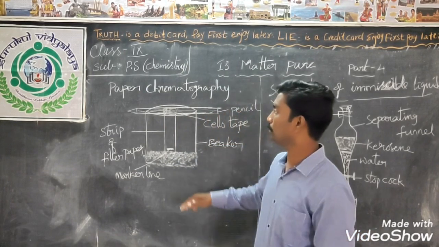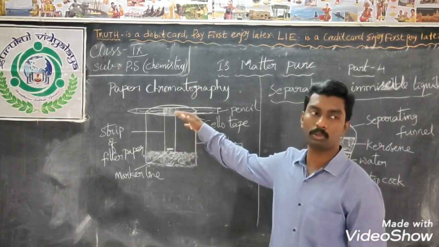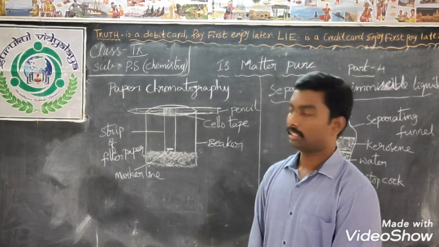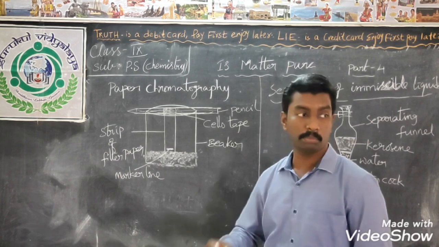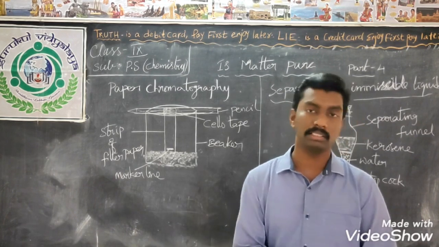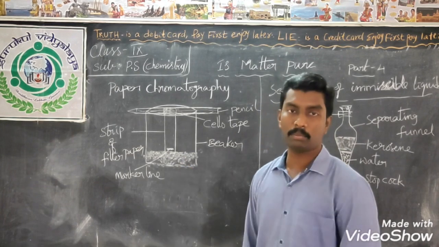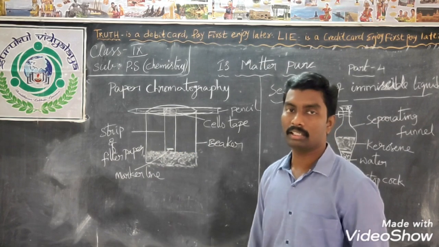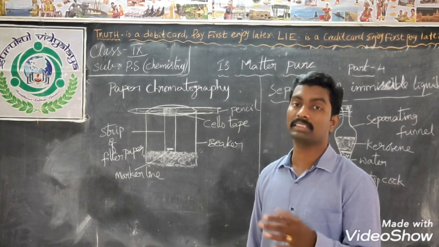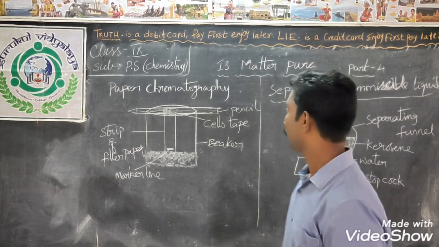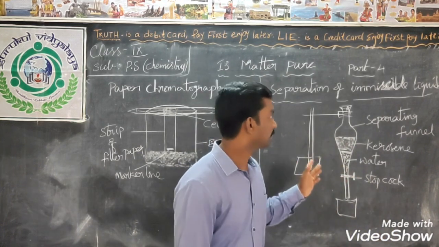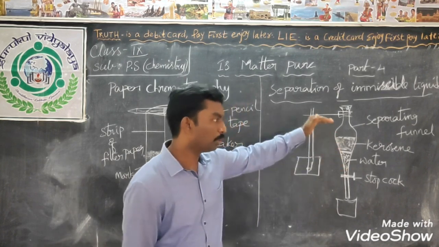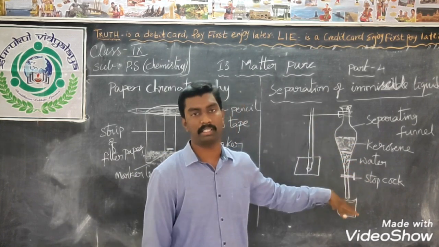Children, in this video today we discussed paper chromatography using permanent and non-permanent markers, drawing a line on filter paper and dipping it into water to separate the components present in the ink. And in the same way, we discussed the separation of immiscible liquids: using the separating funnel, kerosene and water are separated.